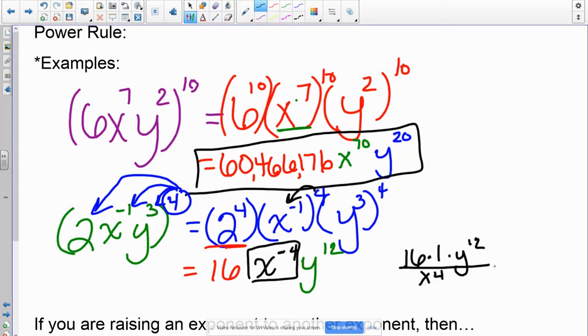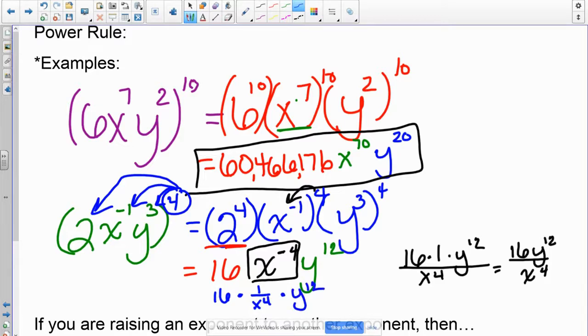So if I mathematically simplify this, 16 times 1 is 16. So I'm going to end up putting 16 on the top, y to the 12th, and then all over x to the 4th. And I can look at that one more way, just maybe more visual for you. This would be 16 times 1 over x to the 4th times y to the 12th power.